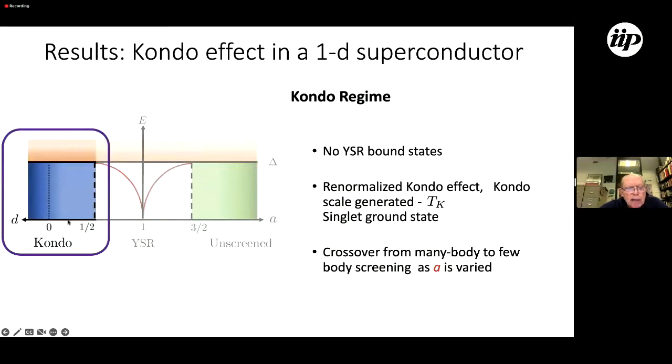Then I have a Kondo regime, and that is when the parameter A is less than half. No bound state here. It's a renormalized Kondo. It generates a Kondo scale. It has a singlet bound state. And there will be a very interesting crossover from deep Kondo to single particle Kondo as I change the parameter A from minus infinity, let's say, to half, at which point it smoothly connects to the YSR regime.